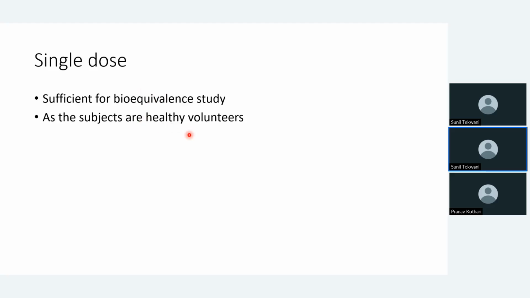It is not ethical and safe to give multiple doses to healthy volunteers. Okay. If single doses are giving blood concentrations, then we do not need to expose healthy volunteers to these treatments, which can cause safety concerns to them. So that's why a single dose study is always preferred.